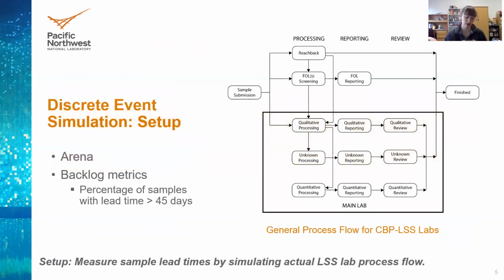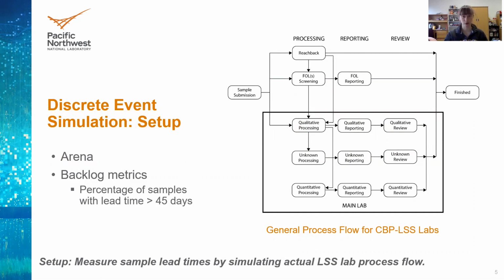Again, prior to my involvement in this project, a discrete event simulation was run using the ARENA software that models actual process flow at each lab for each of 5 defined demand levels, which were defined based on the mean samples each lab saw per day.